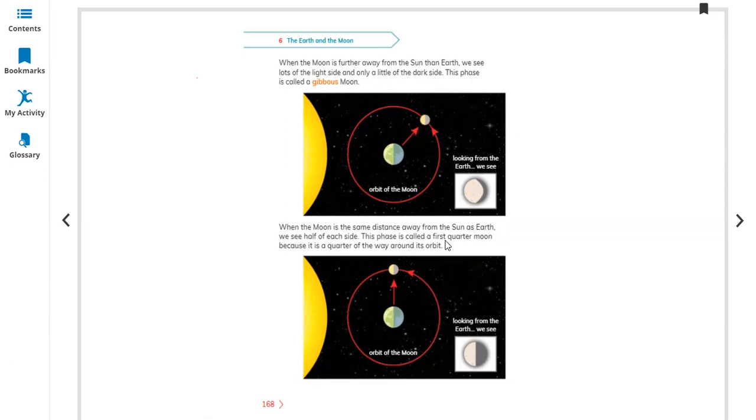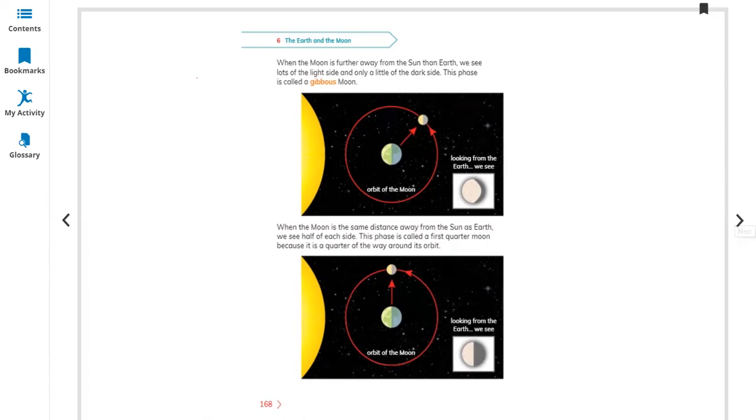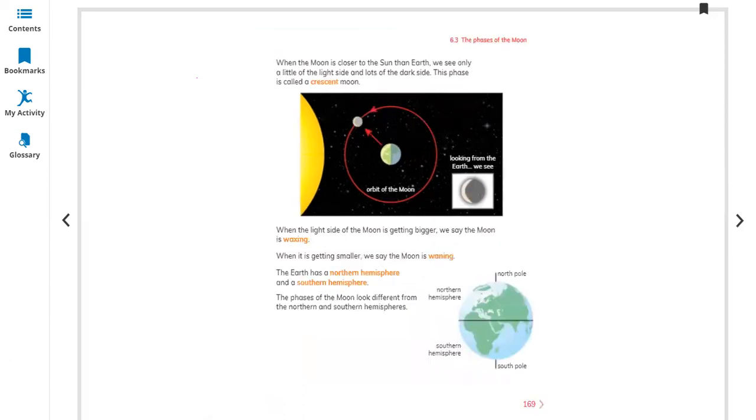This phase is called a first quarter moon because it is a quarter of the way around its orbit. Looking from the Earth, we see half of the moon. So it's obviously the orbit of the moon around the Earth.